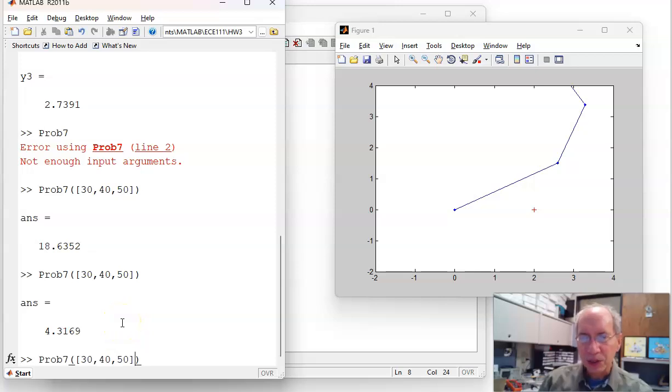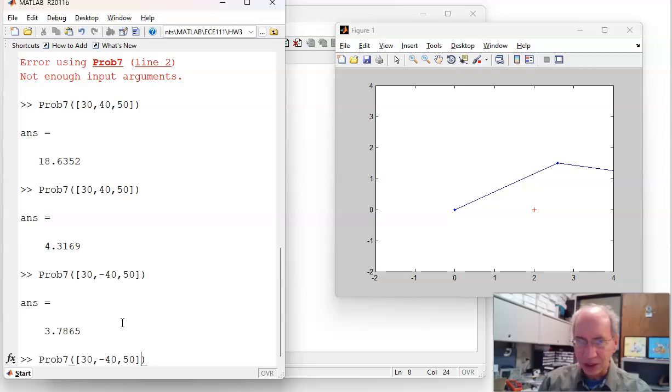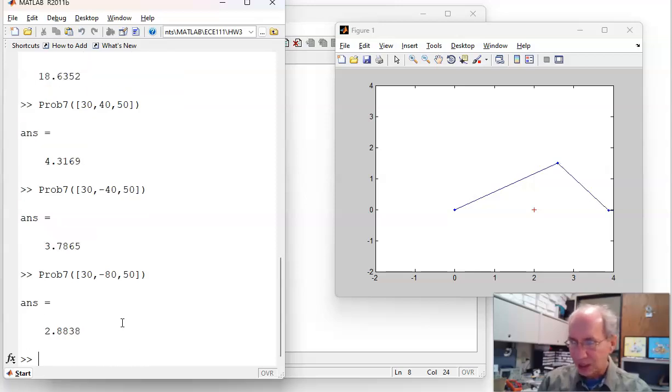Can I get closer? So what I can do is guess again, guess again. Let's try to make this minus 40 degrees. Okay, let's make it minus 80 degrees. Make that minus 50 degrees. I'm trying to get the tip over to here. Distance gets smaller and smaller.